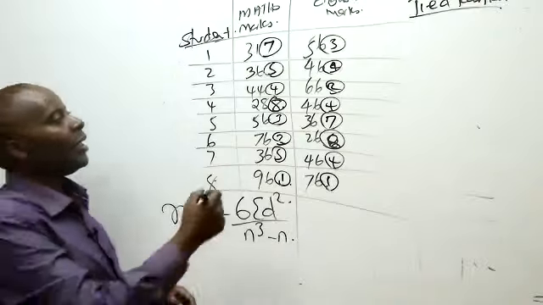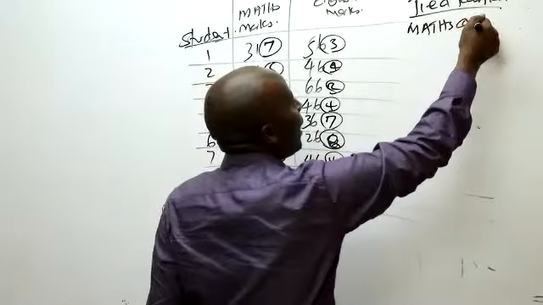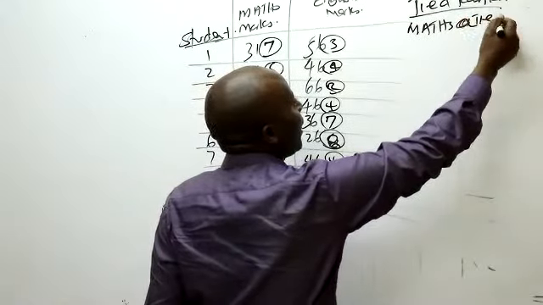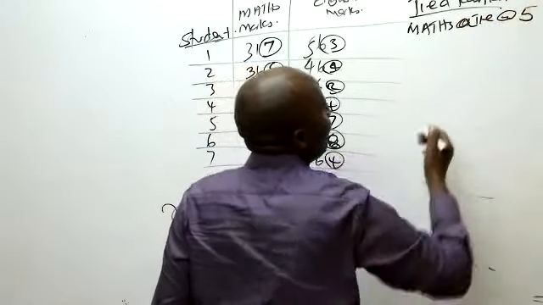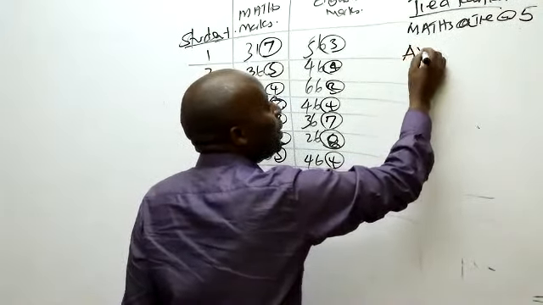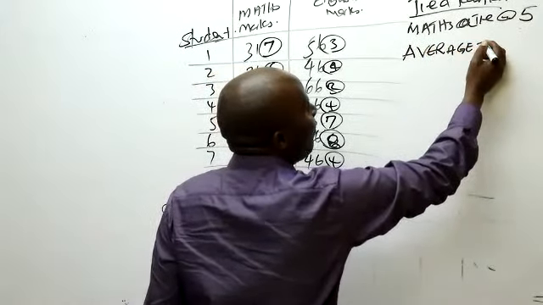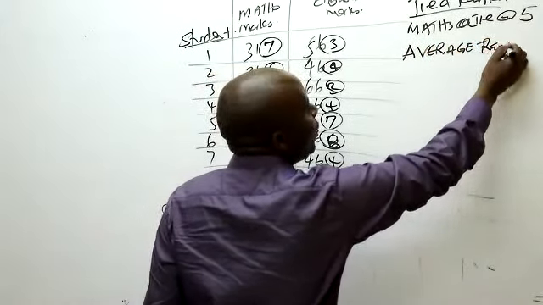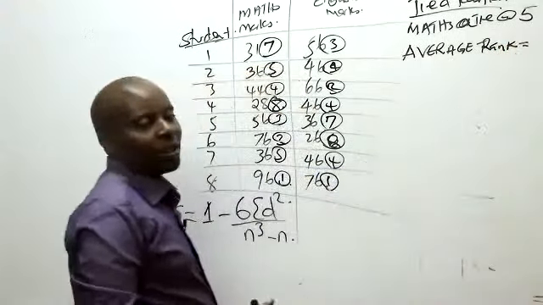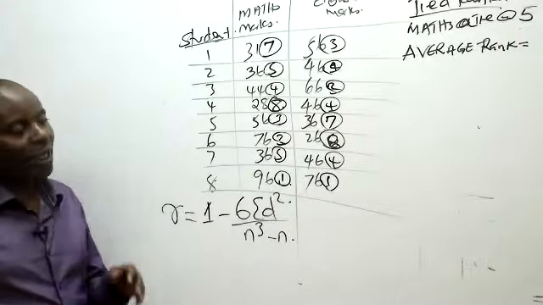So in this case, there is a tie in marks at position 5. Meaning that you break the tie by giving what we call the average rank.